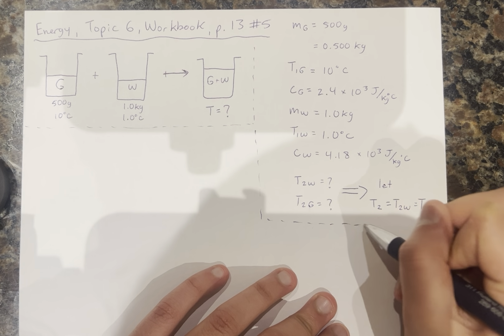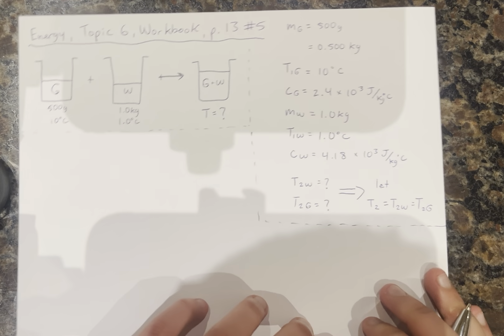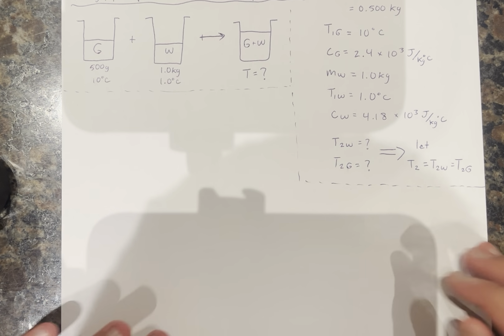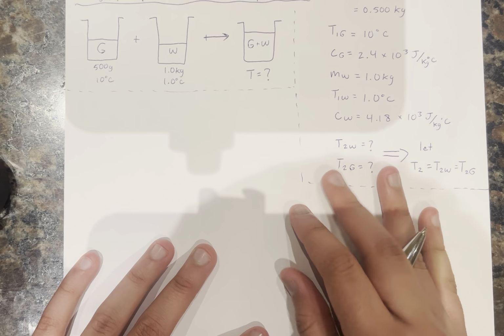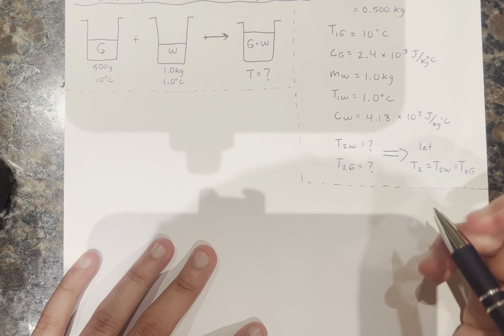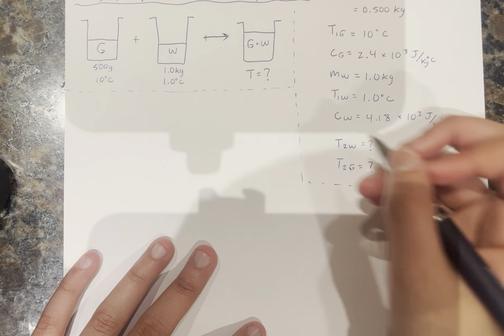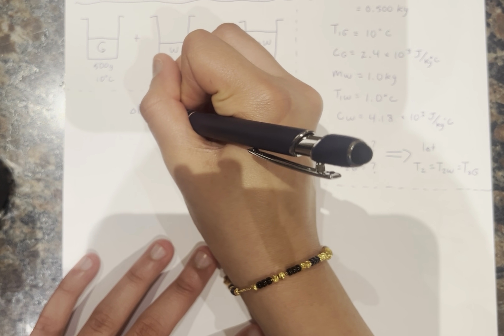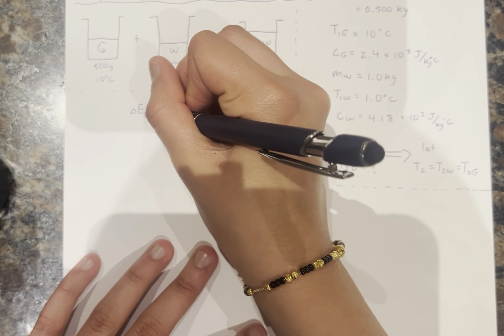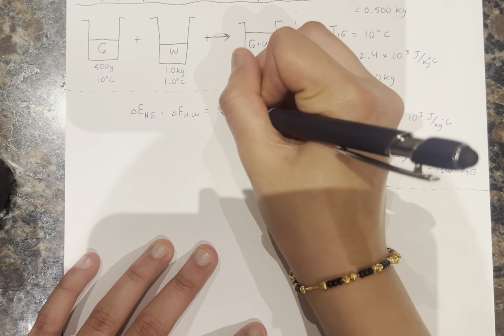And now we can start using our equation. The equation that we're going to use to solve this question is the one that we used for the conservation of energy. So we can say that the change in thermal energy for the glycerin plus the change in thermal energy for the water is going to be equal to 0.